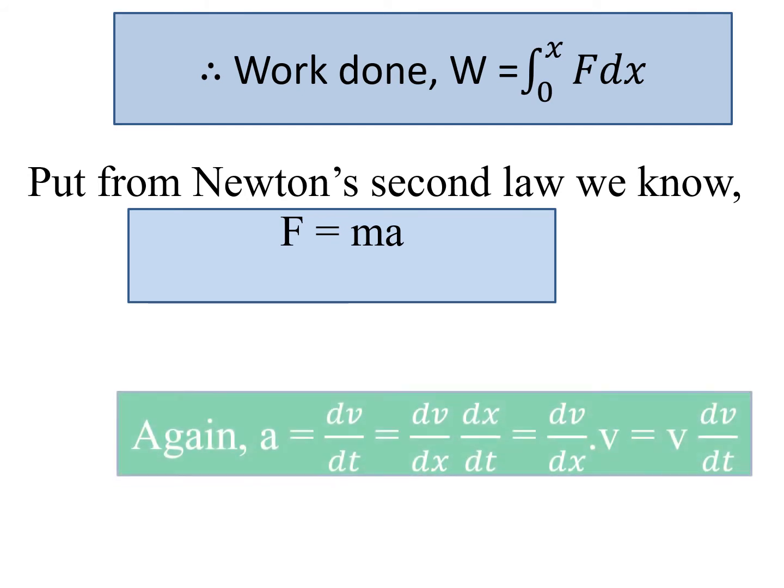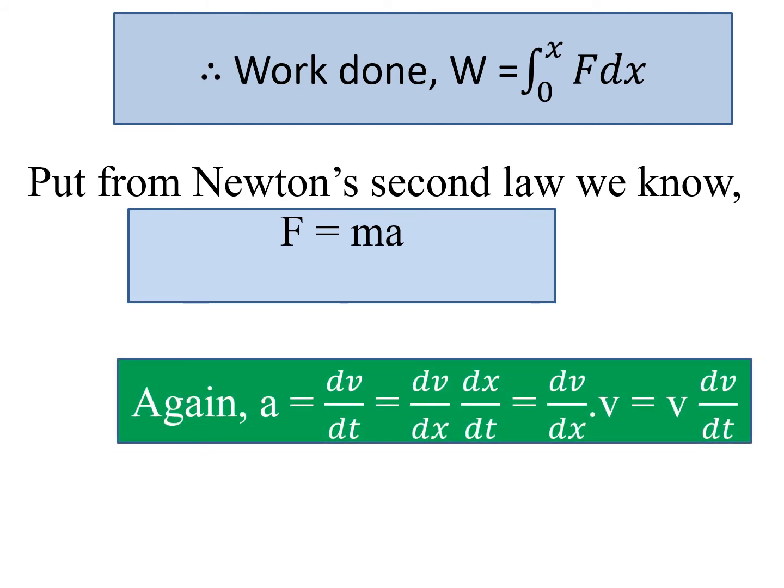Again, we know from calculus, acceleration equal to dv dt. Since this is calculus, you have to say dv dt. d dt is an operator. Rate of change of velocity with respect to time is acceleration. We can write dv dx times dx dt.